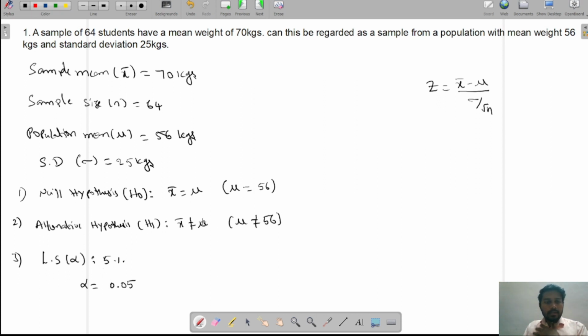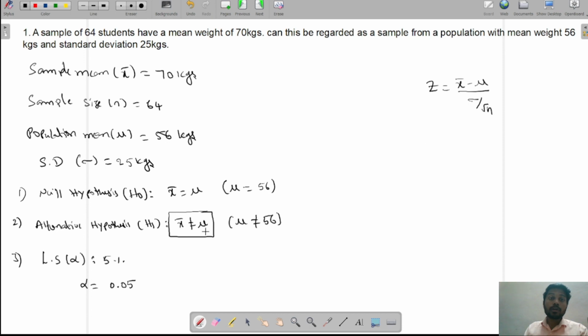Now my question here, did he talk about alternative hypothesis in the question? In the question, did he talk about alternative hypothesis? No, right? So when he won't talk about alternative hypothesis in the question, then I'm taking a standard format, that is x bar not equal to nu. When he won't talk about alternative hypothesis in the question, then I'm taking as not equal.